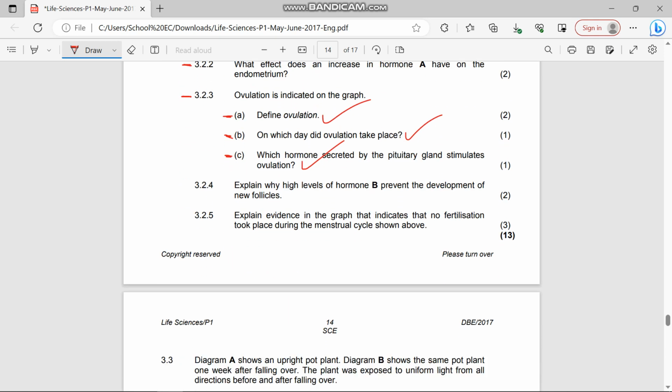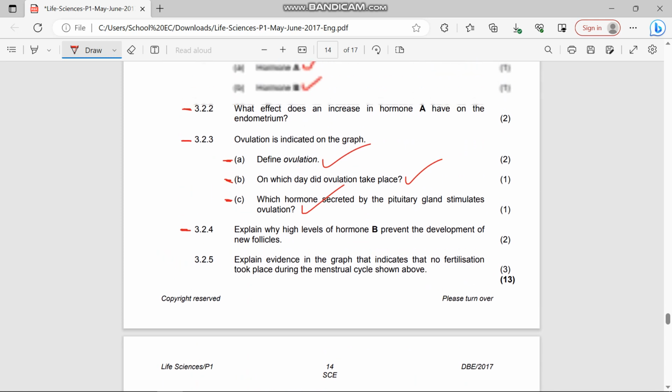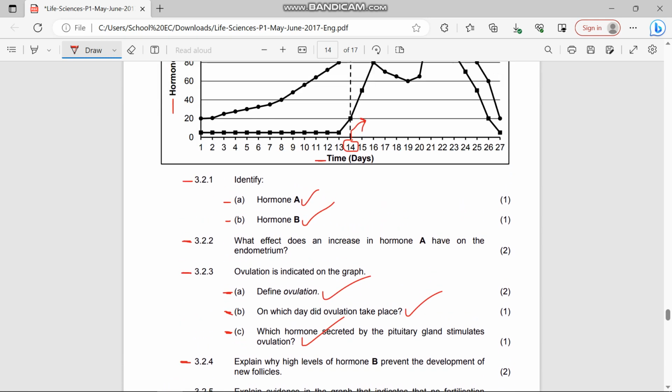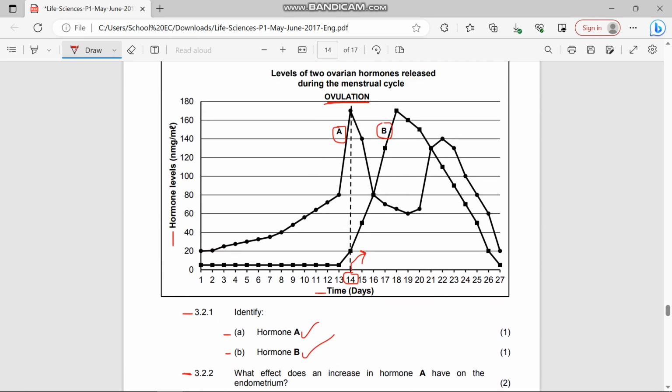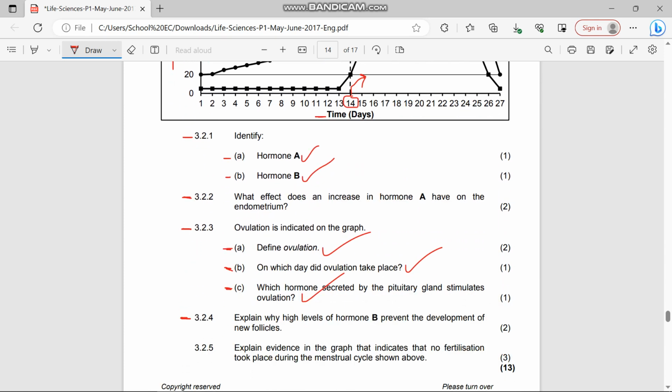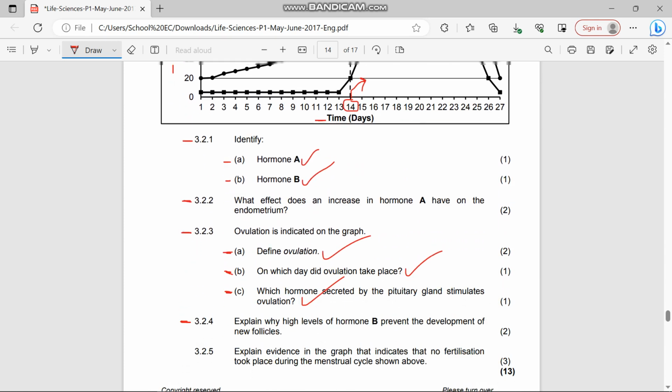Okay, so let's move down. 3.2.4 says, explain why high levels of hormone B prevent the development of the follicle. So now we're talking about why hormone B, which is the progesterone, will prevent the development of the new follicle.